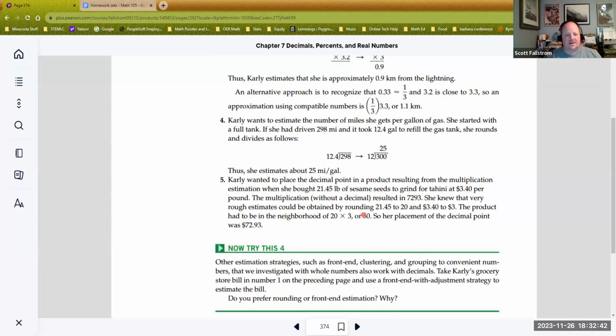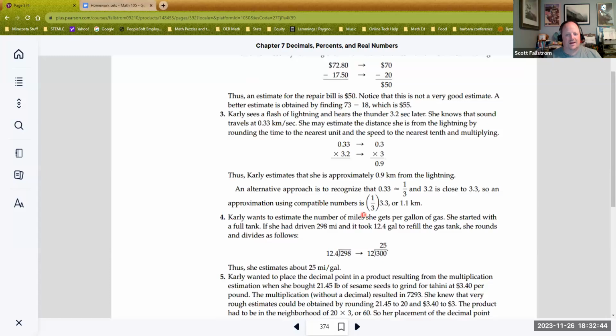They did some estimating here. They're showing a few more estimating pieces. If you're looking at these, kind of being able to do some quick rule of thumb stuff is fairly convenient. And so this one's about lightning. And if you know the sound travels at 0.33 kilometers per second, 0.33 is basically 0.3, right?